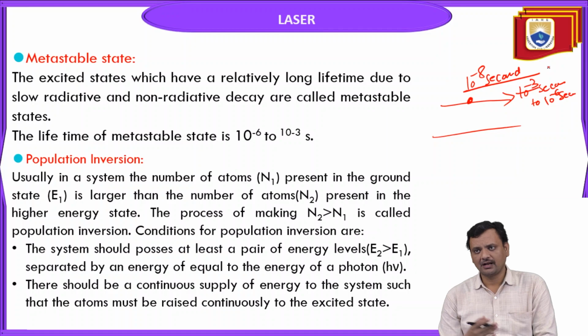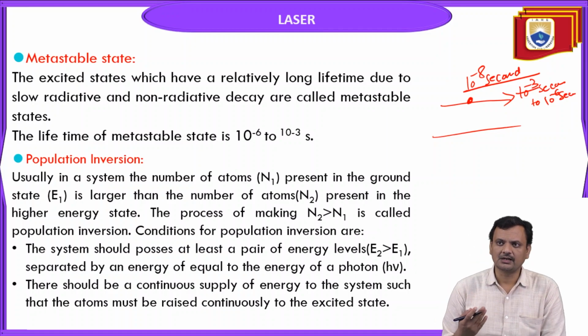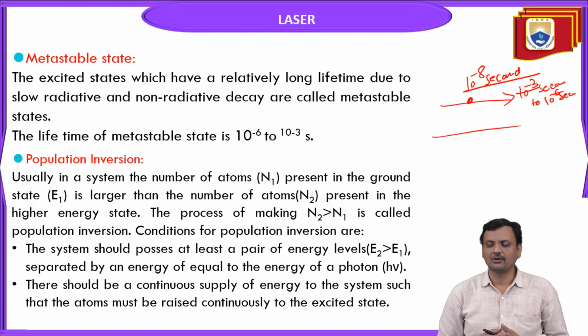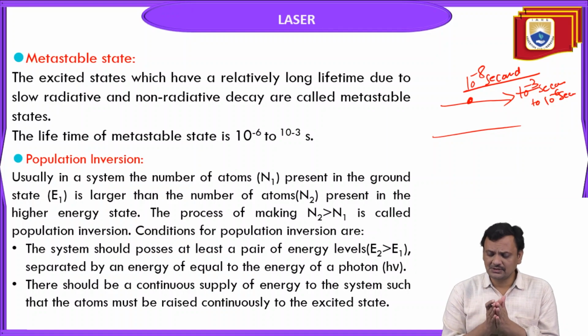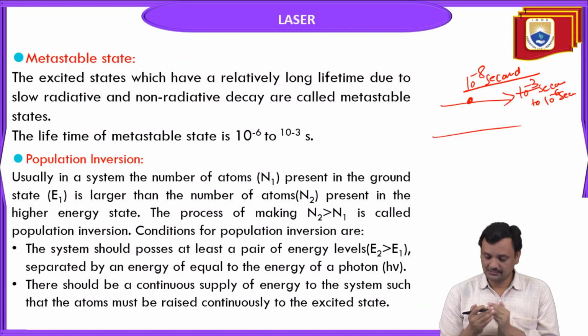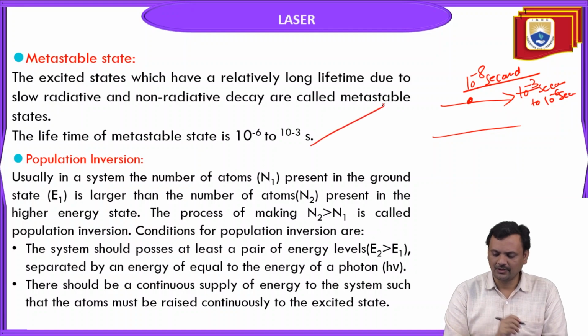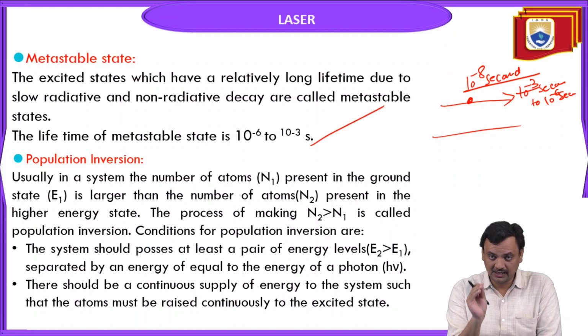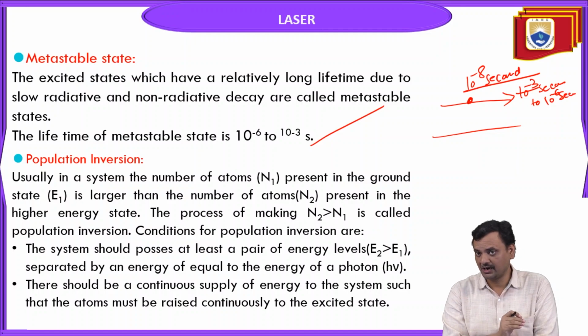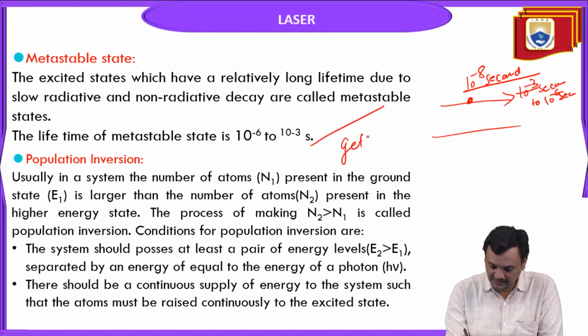So they will show a higher lifetime. 10 to the power minus 3 is greater than 10 to the power minus 8, and 10 to the power minus 6 is also greater than 10 to the power minus 8 second. So if such levels exist, then those levels are called metastable states. Okay, and the existence of metastable states is very, very important for getting laser light.